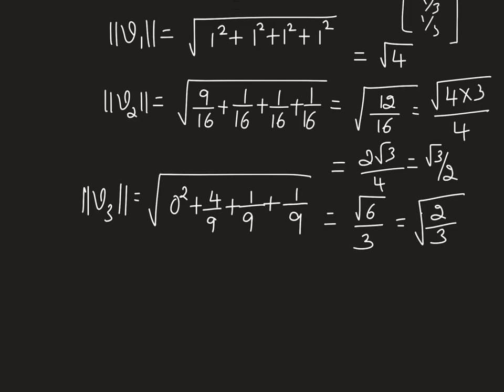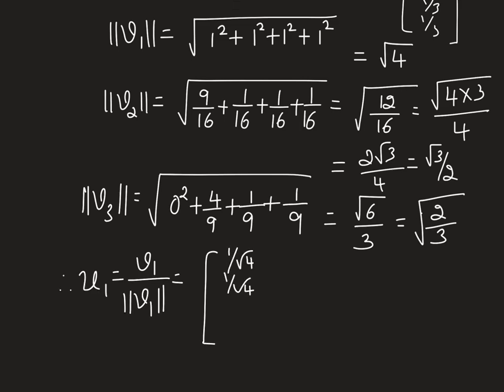Now U1 is V1 by the norm of V1. V1 is 1, 1, 1, 1 divided by the norm of V1, which can be written as 1 by root 4, 1 by root 4, 1 by root 4, 1 by root 4.